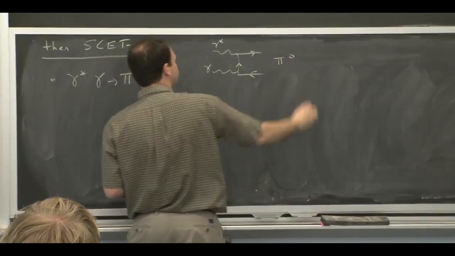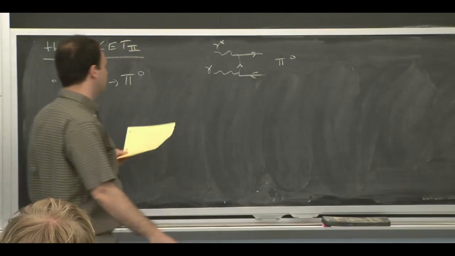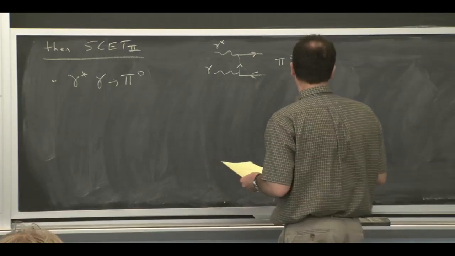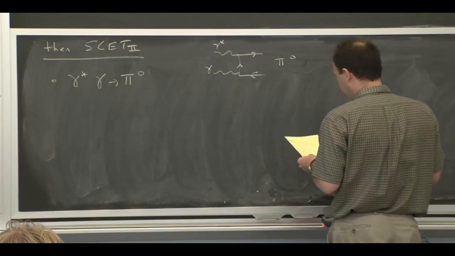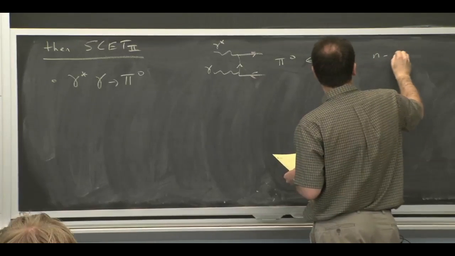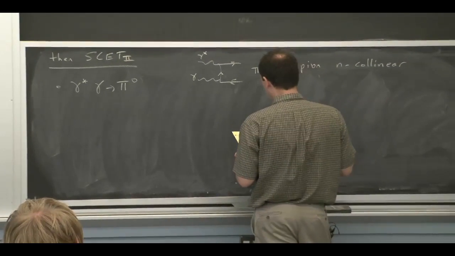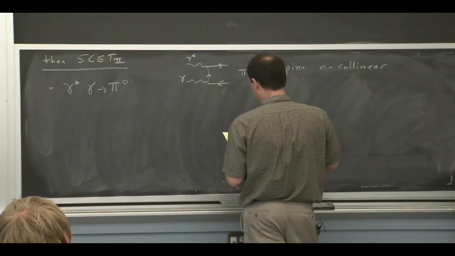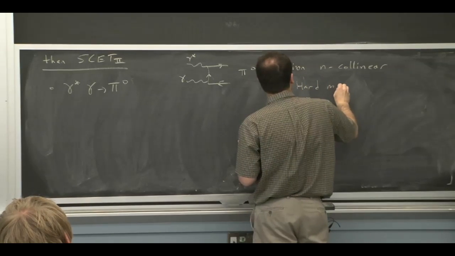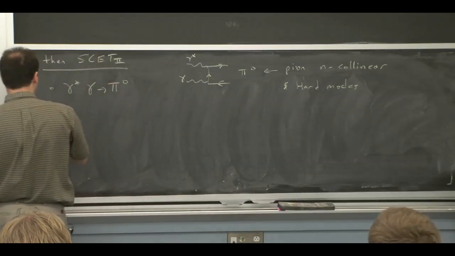This is a pi 0. So this is an SCT2 example, but again, it's pretty simple because it's just going to involve one hadronic object, and in this case only collinear modes. We can set things up so the pion is n-collinear, and then we have hard modes. So that's one example we'll do.